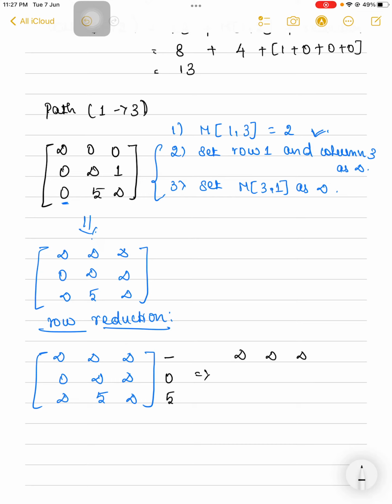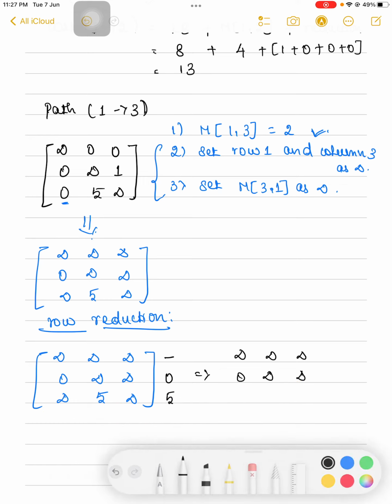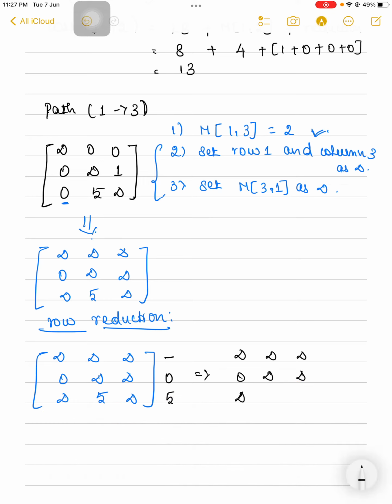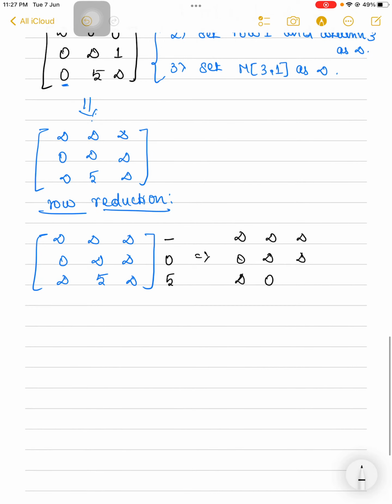Same like in this row 2 also there won't be any change, because the row minimum is 0, and in the third row the row minimum is 5, so subtract all these 3 values with the 5. Infinity minus 5 infinity, 5 minus 5 0, then again infinity minus 5 infinity. This is what we get after performing the row reduction.